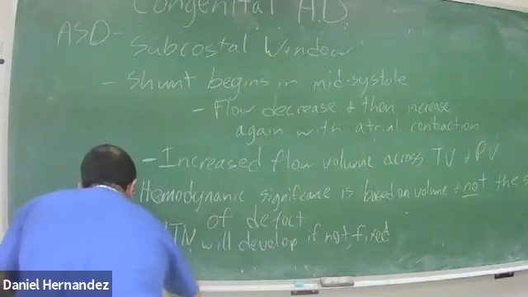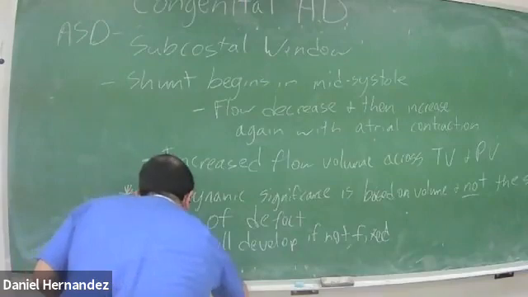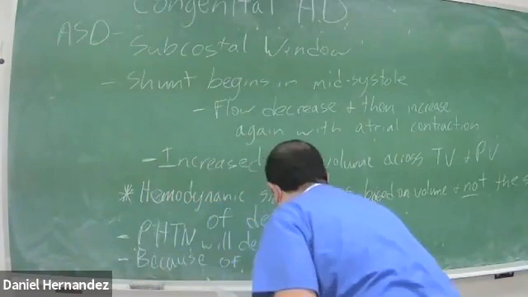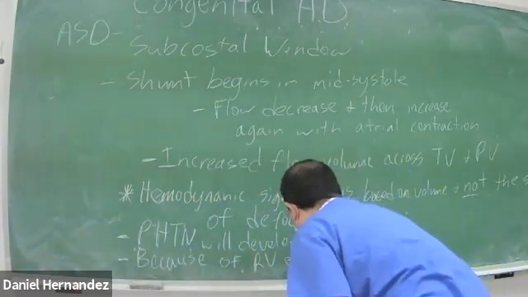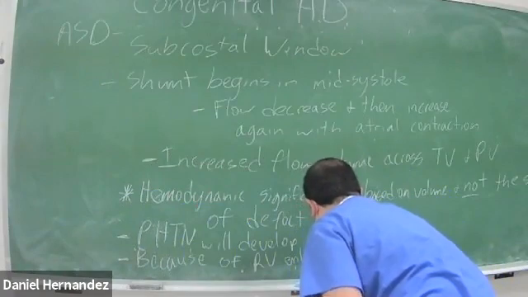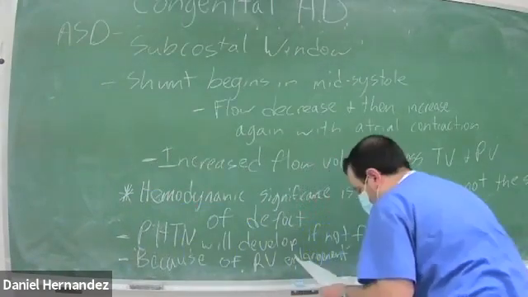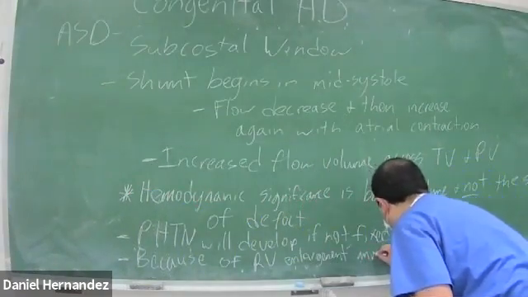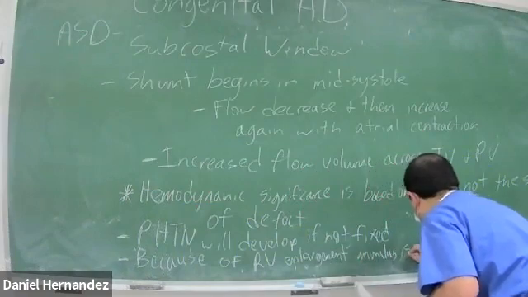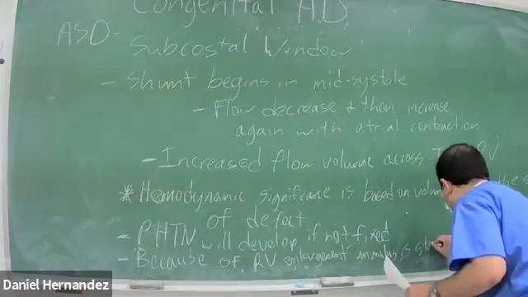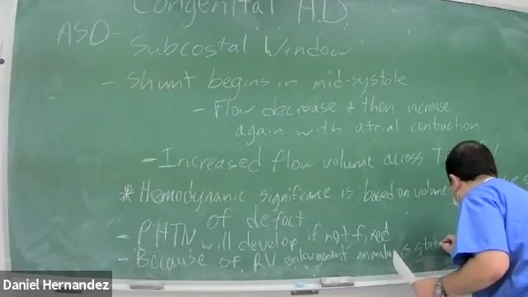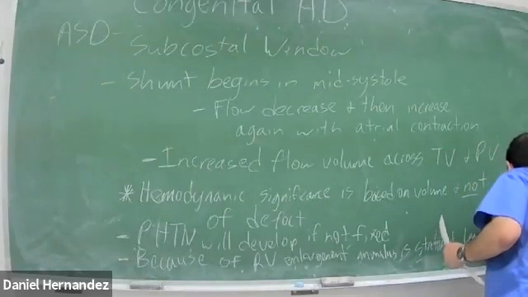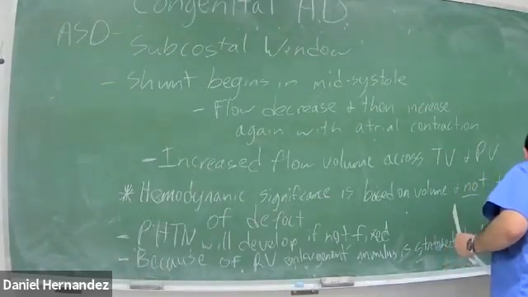So because of RV enlargement, the annulus is stretched, leading to PI, pulmonary insufficiency.